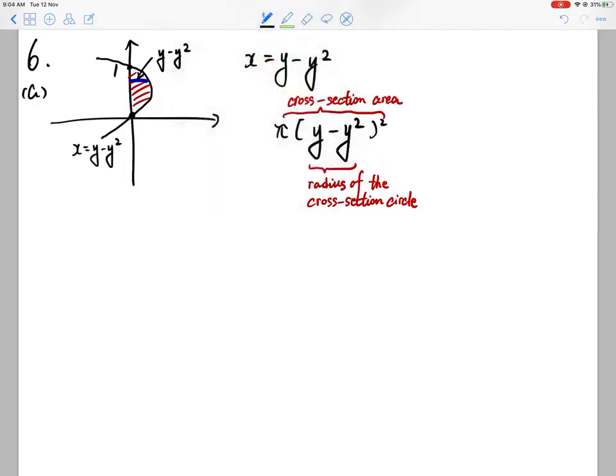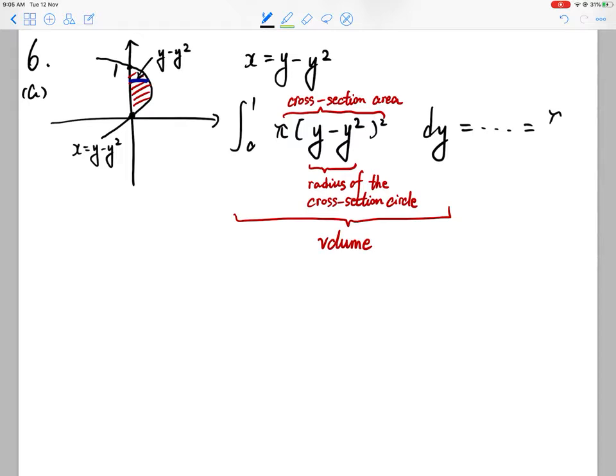Okay, and you integrate the cross-section area for y from 0 to 1, right? So this part is the volume of the object. Then you do the calculation. It's pi over 30.